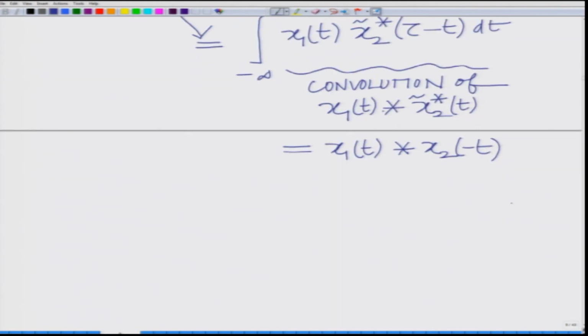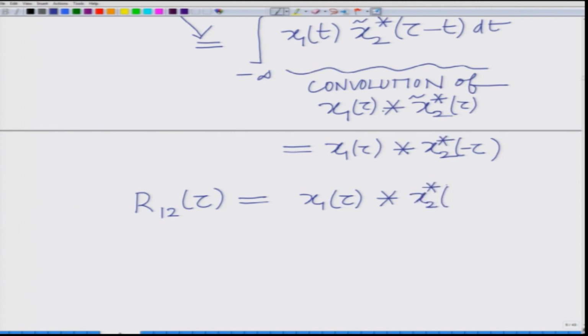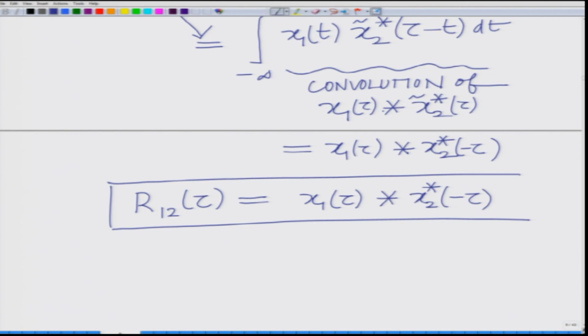So, R12 of tau, since t here is the variable of integration, we can replace it by tau. So I have R12(tau) equals x1(tau) convolved with x2 conjugate of minus tau.